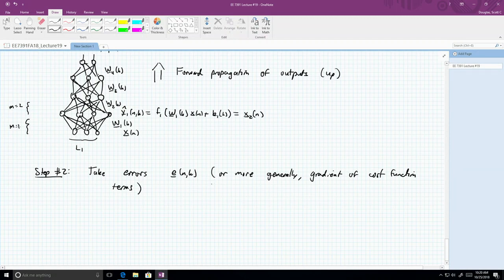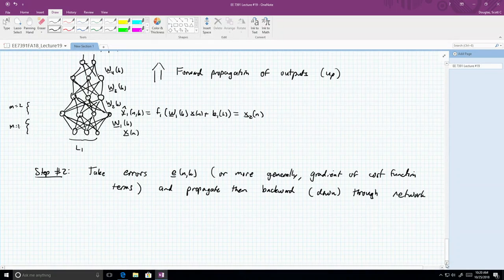It's still going to look kind of like errors, but it may not necessarily be a pure subtraction, right? That's the thing to recognize: it doesn't have to be a subtraction all the time, and propagate them downward. I should say propagate them backward, right, which is our back prop, down through the network.